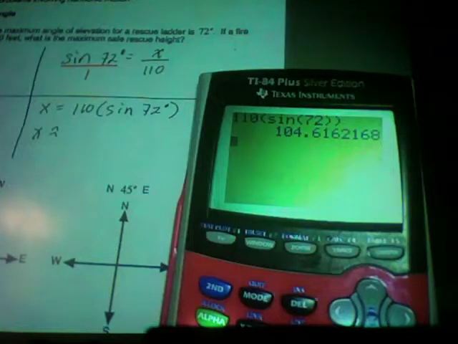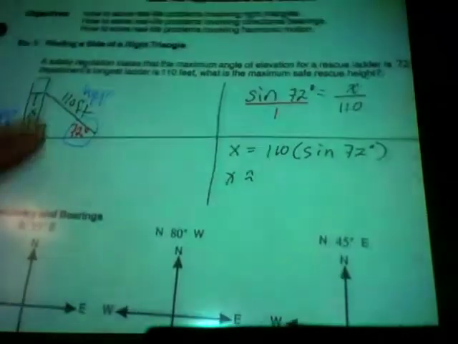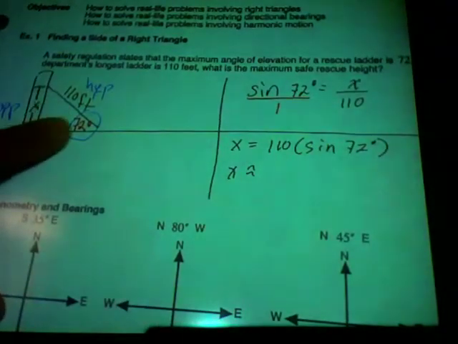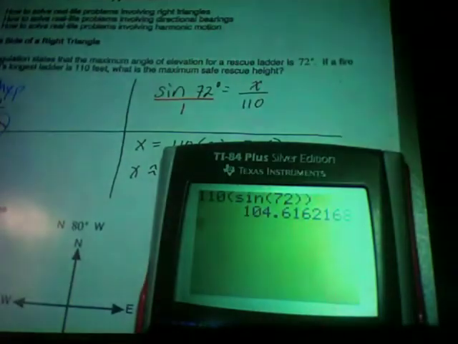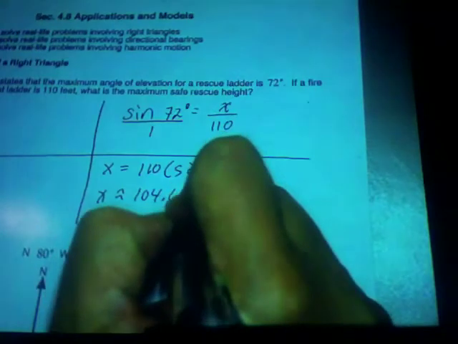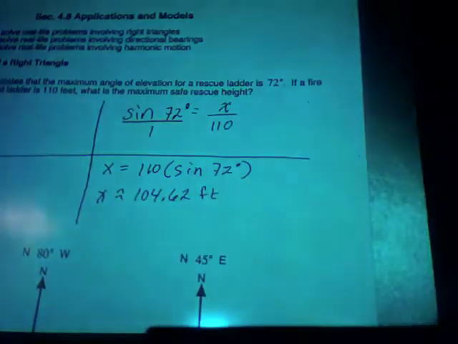Does that seem reasonable for a height? And the height of the ladder, shouldn't that be less than the longest measure in this triangle? So we expect this to be less than 110 feet, and didn't we get less than 110 feet? So round, they didn't tell you where to round, so round to 2 decimal places. So 104 point what? Feet. And then your therefore statement.